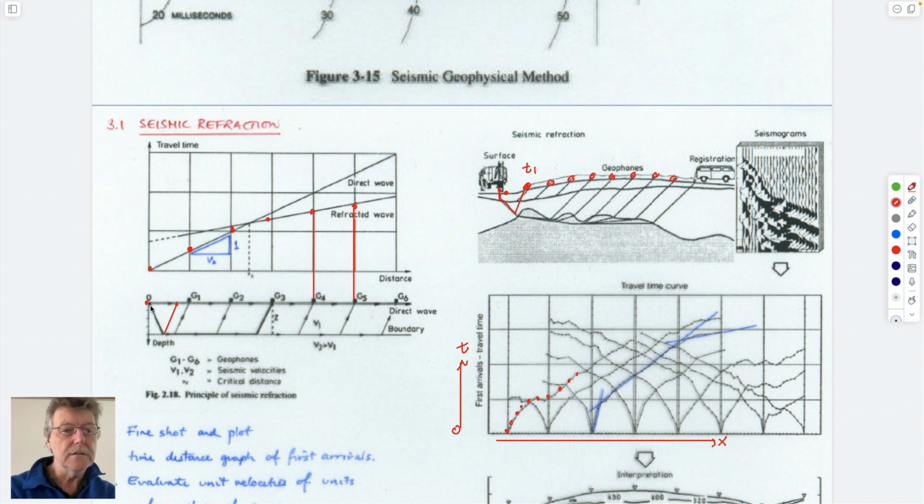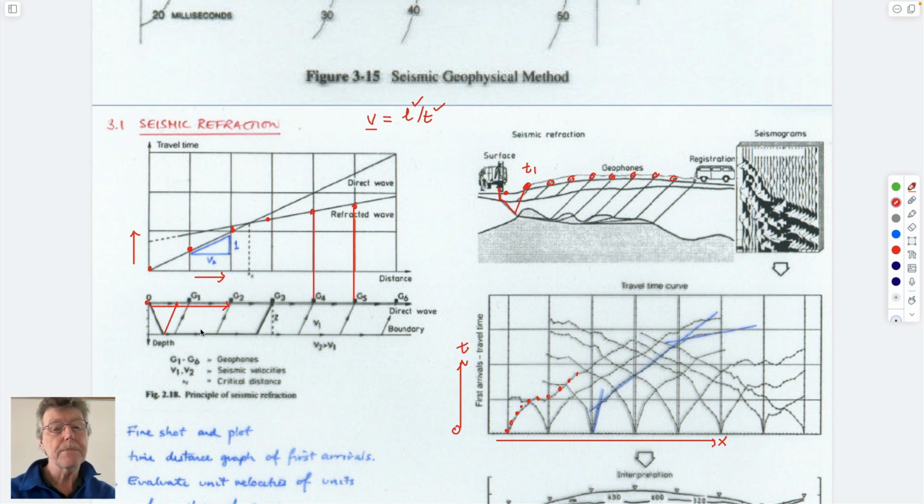It's the transmitted wave that goes along the surface between these points here. And so that would be the velocity. This is a length. This is a time. So the seismic velocity is equal to the length traveled in a given time. So if you have both the location of the geophone and how long it took to travel, by definition you have the seismic velocity between these.